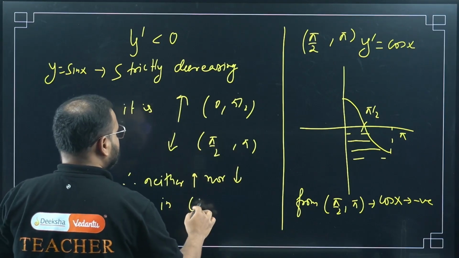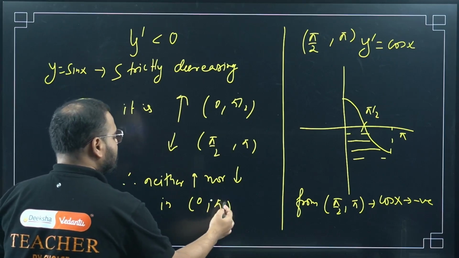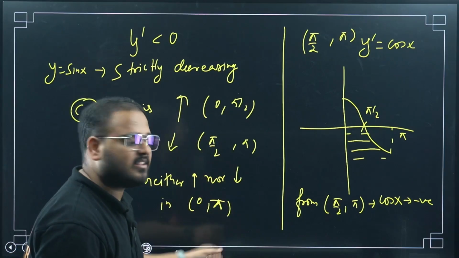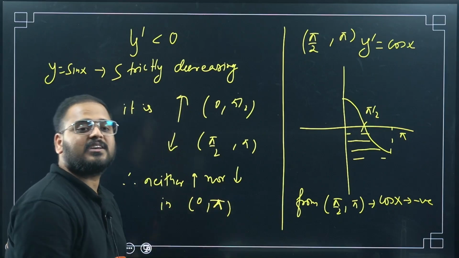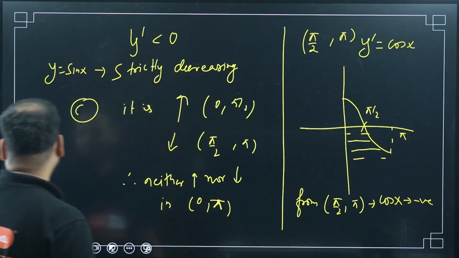In the full interval 0 to pi. Both increasing and decreasing conditions are there, right? That's why neither increasing nor decreasing in 0 to pi. Simple. Understood?